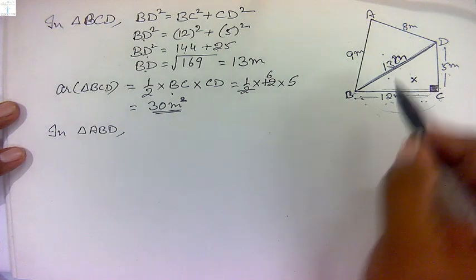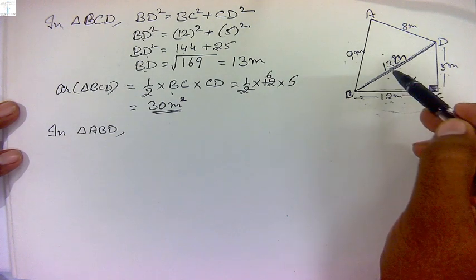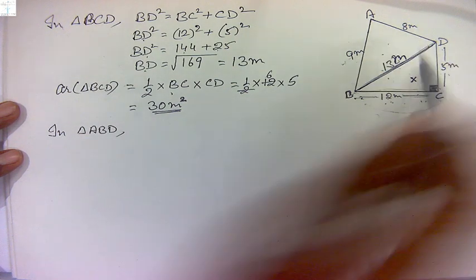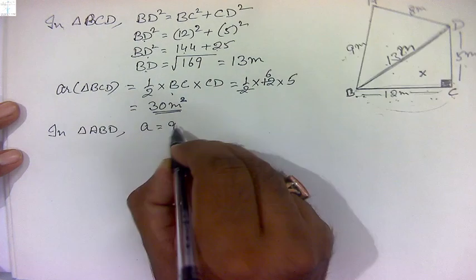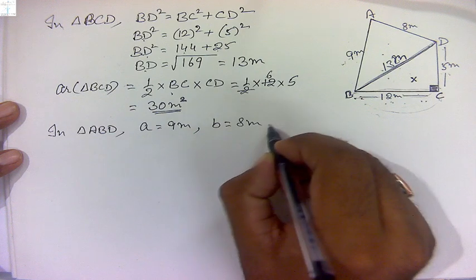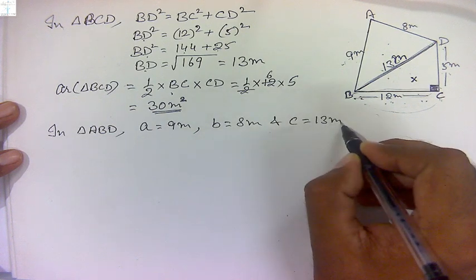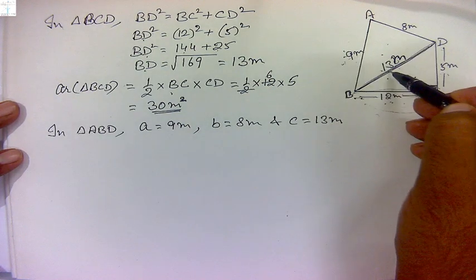In this triangle, it is just a simple triangle. It's neither a right triangle nor any other specified type. It is just a triangle where all three sides are given to us. So let us take a as 9 meter, b as 8 meter and c as 13 meter. These are the three sides given to us, 9, 8 and 13.